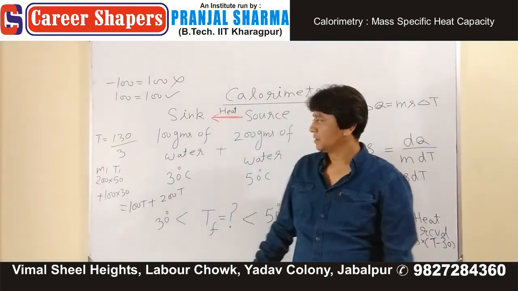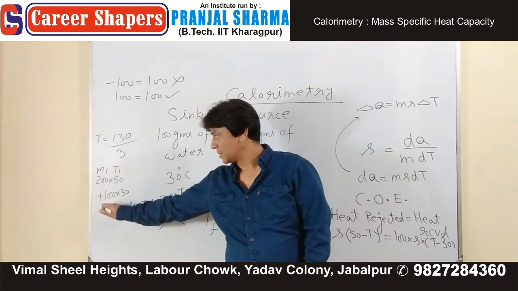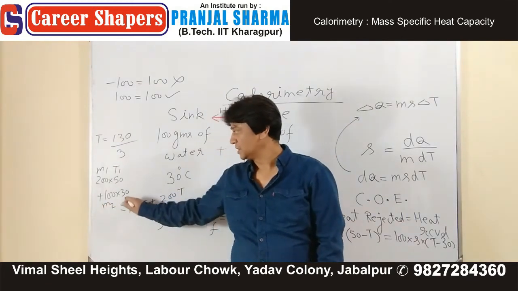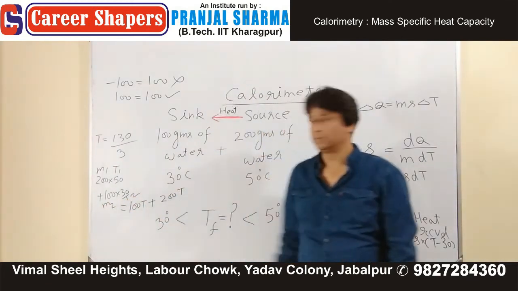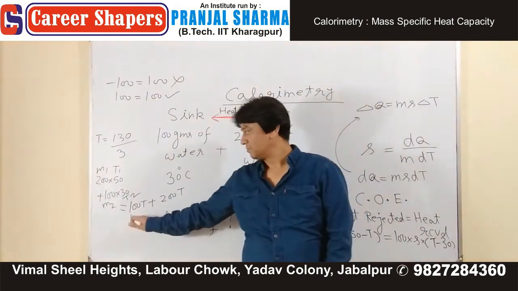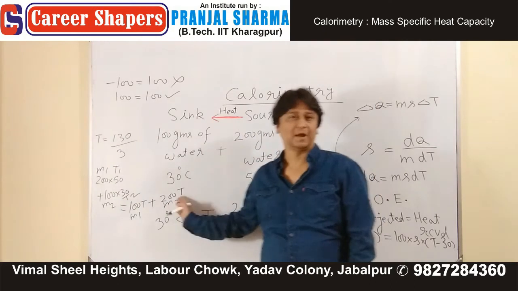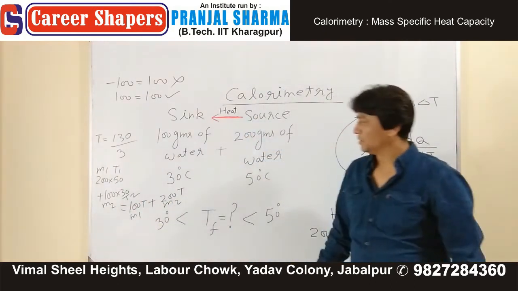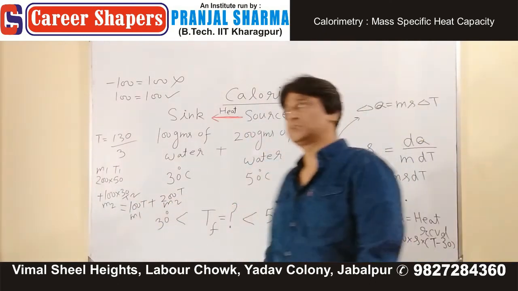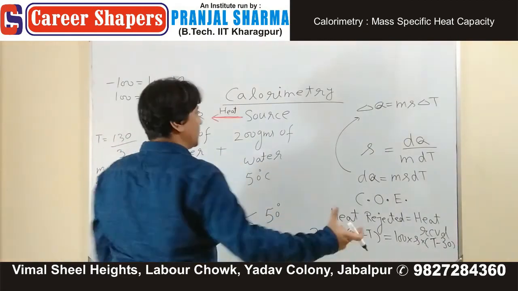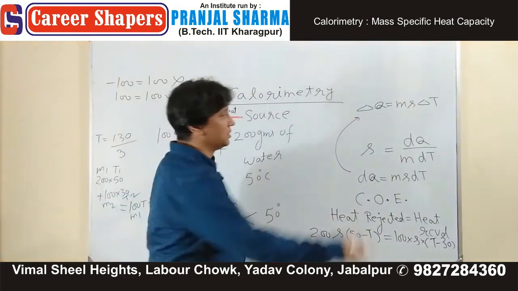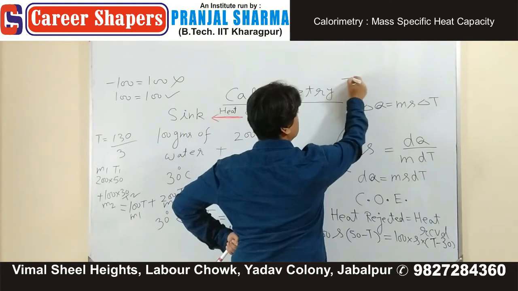T1. What is 100? M2. What is 30? T2. What is 100? M1. What is 200? M2. Or whatever, M1, M2, replace it. So for this type of thing, if they ask in an objective examination, remember this.